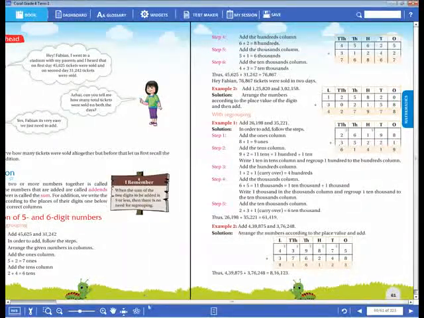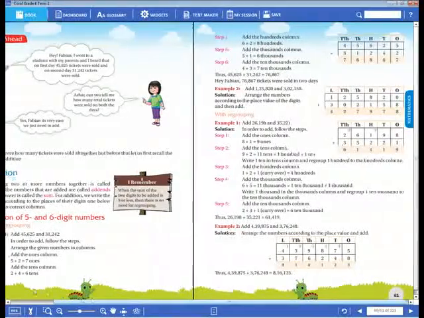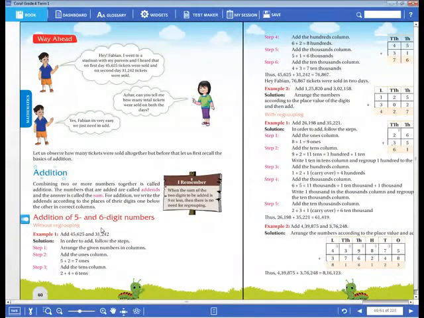Now next, how do you add a 5-digit number and a 6-digit number? You already know that whether they are given 2-digit, 3-digit, 4-digit numbers, whatever it might be, we have to start the addition from the ones place. Where do you have to start?